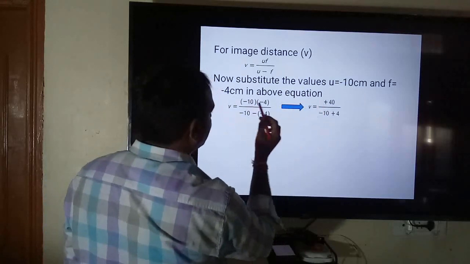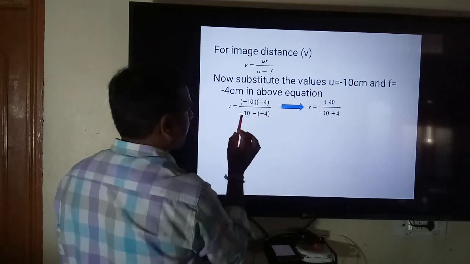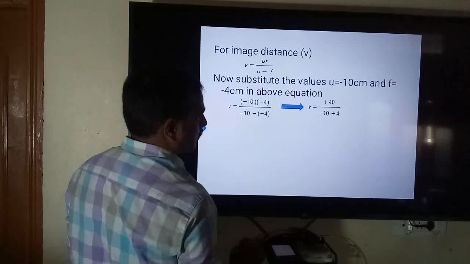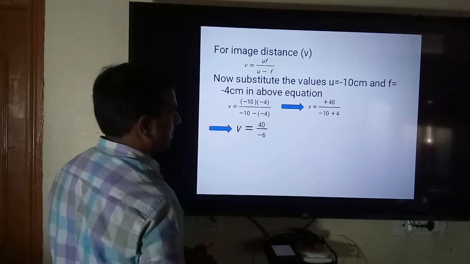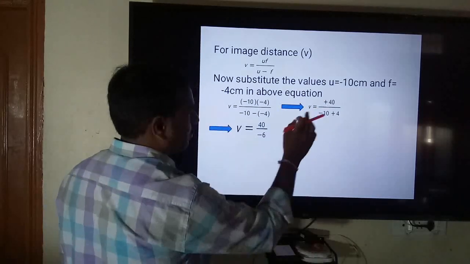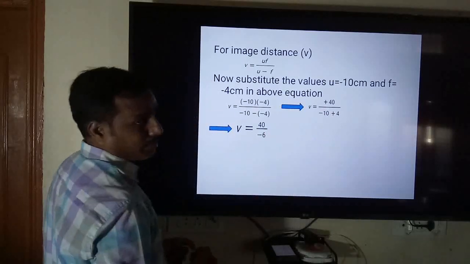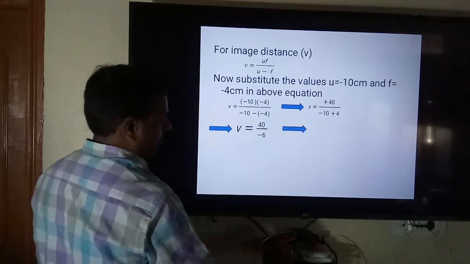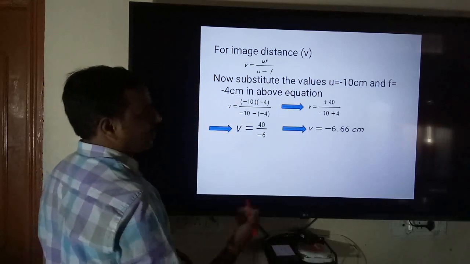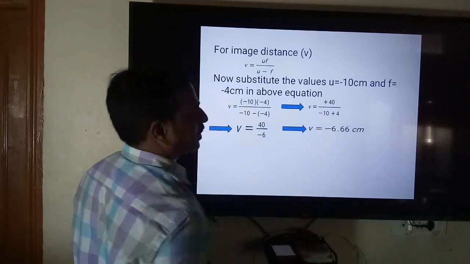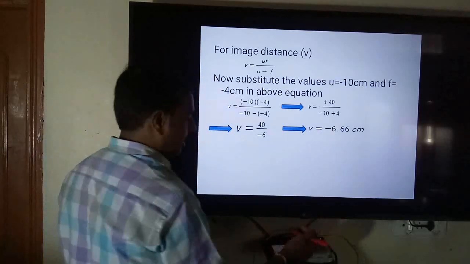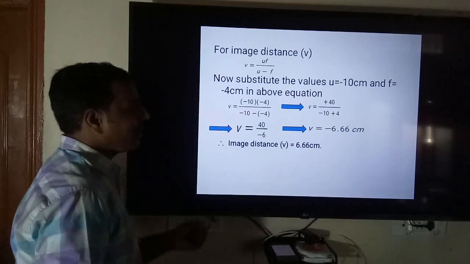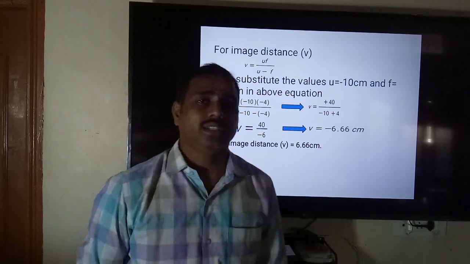Minus into minus is plus, so 10 fours are 40, by minus 10 plus 4, which is minus 6. So v is equal to 40 upon minus 6. If we divide it by 6, we get v is equal to minus 6.66 centimeters, a recurring value. Therefore the image distance v is 6.66 centimeters.